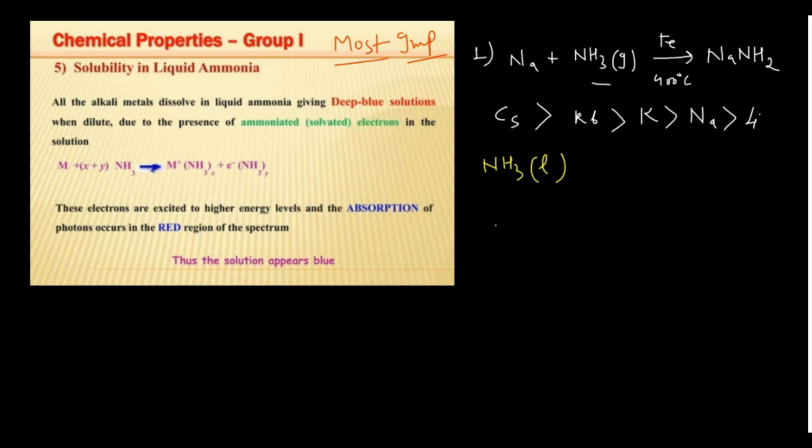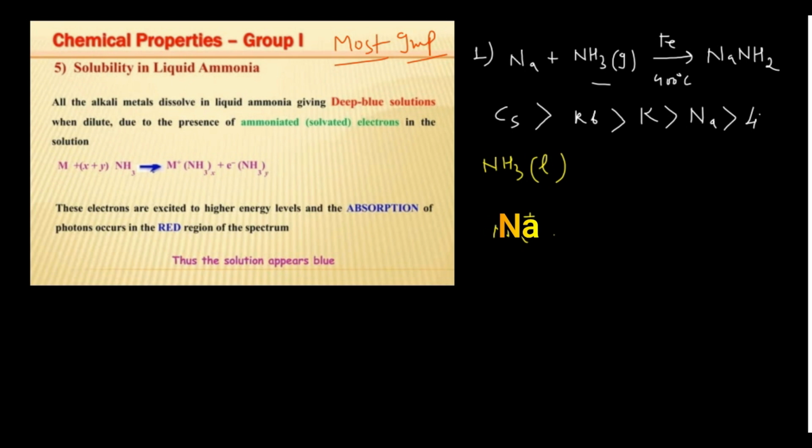All the alkali metals are soluble in liquid ammonia, and they give a solution which is highly conductive and blue in color. I am writing sodium metal here.